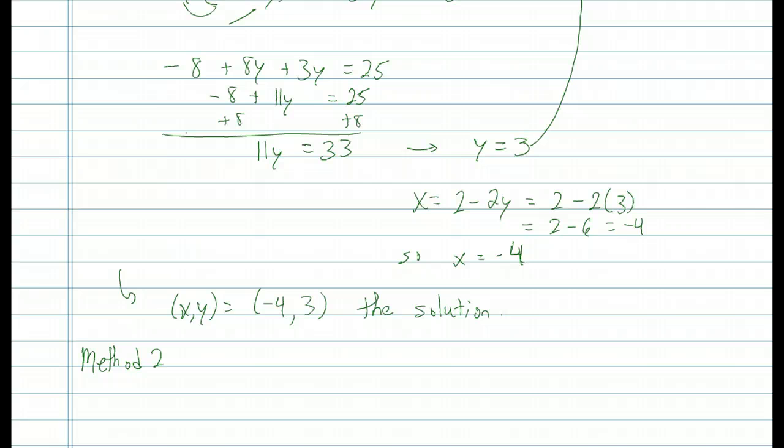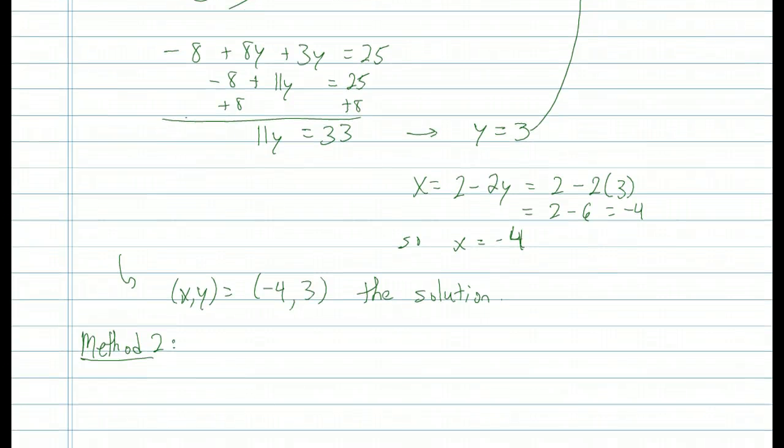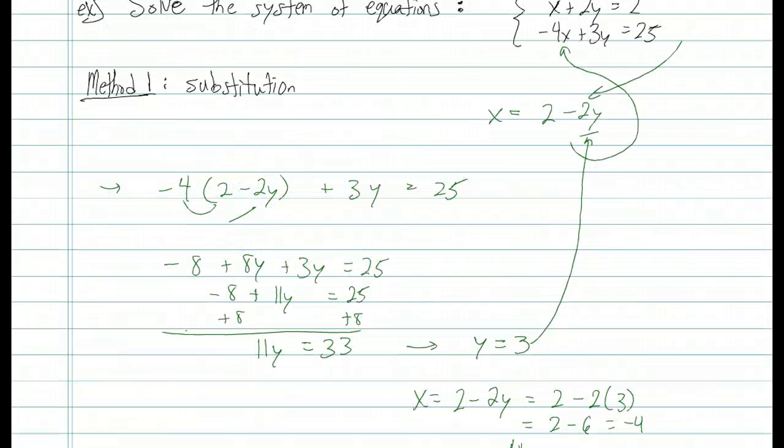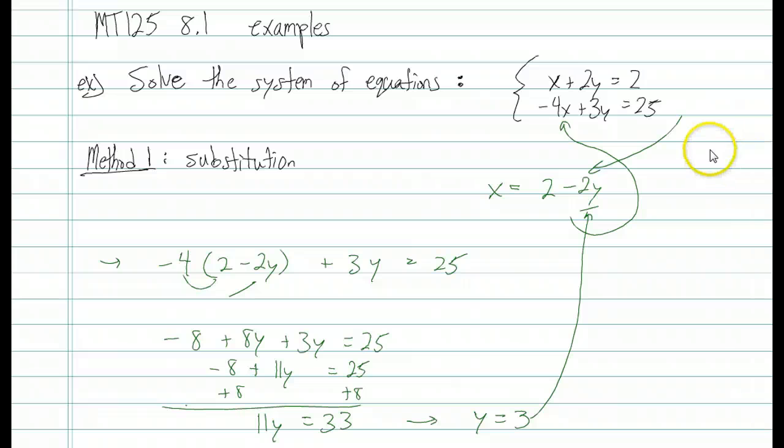Now the second method, the addition or the elimination method, has the following approach. What we're going to do is look at the system we started with and multiply one or possibly both of the equations by numbers, possibly different numbers, with the idea of adding the results together to get one of the variables to cancel out.